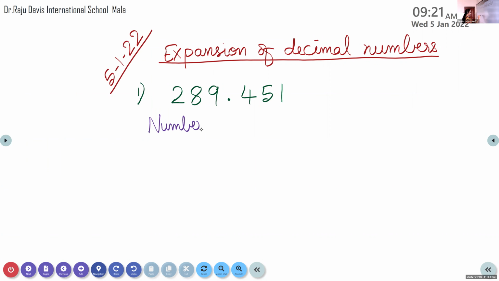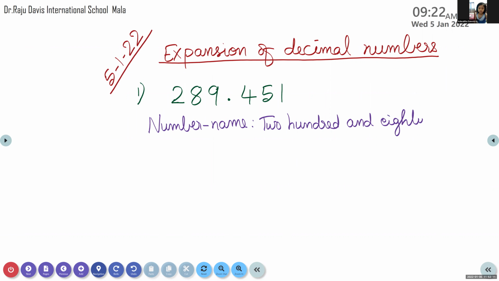Number name in words. When we read it, it is read as 200, 289, 289 point.